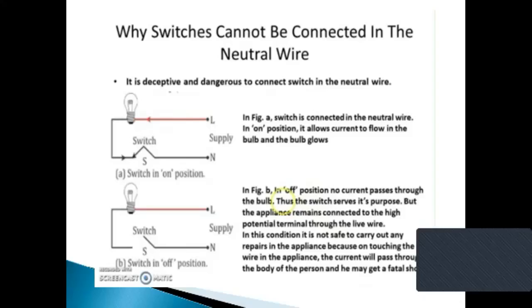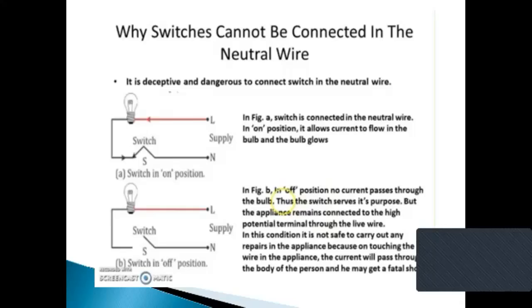But in the earlier figure, you can see that in the off position, the current was not flowing to the bulb. But here in this second diagram, the appliance remains connected to the high potential. There is high current passing through the appliance from the live wire.